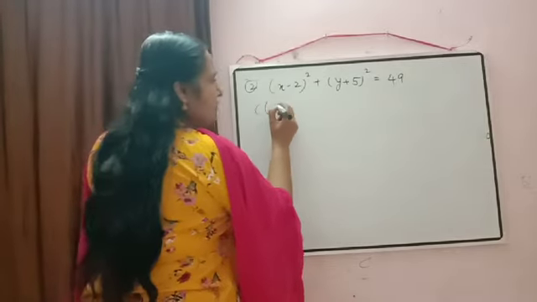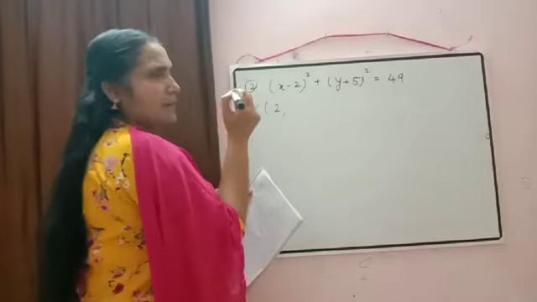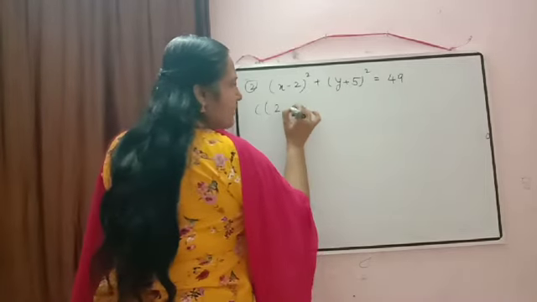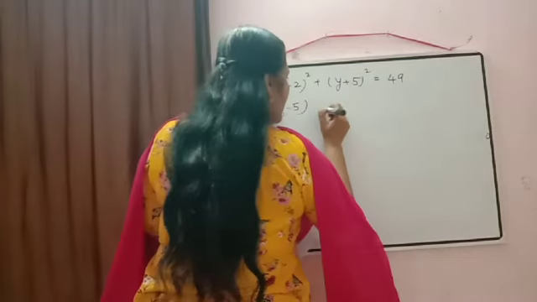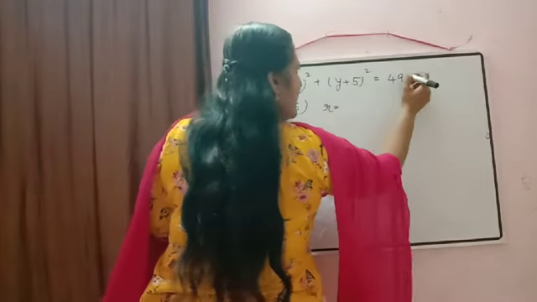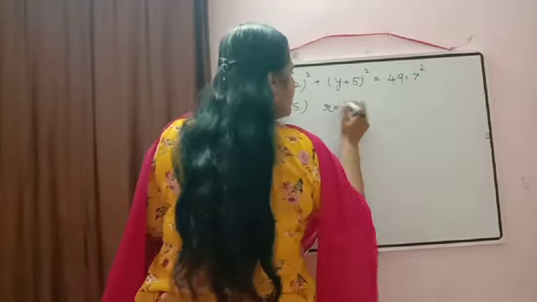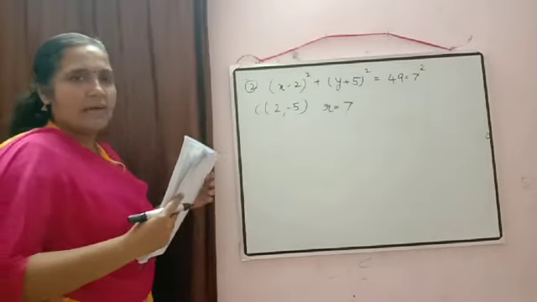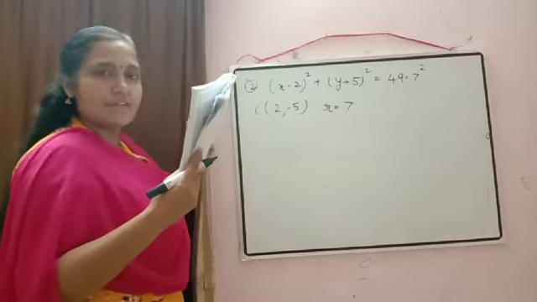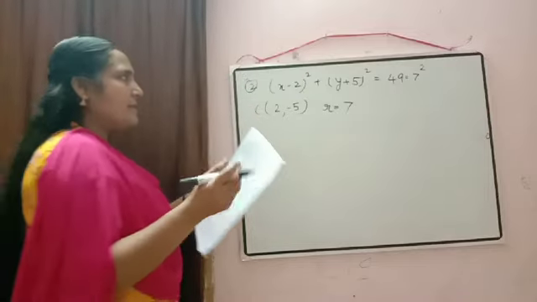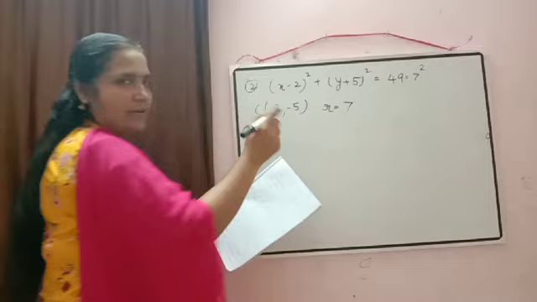If here it is minus 2, our center will be plus 2. If here it is plus 5, we will have minus 5. So center 2 comma minus 5 and radius, 49 is 7 square. So radius is equal to 7. So just check, if it is written in this way, directly we can use the first formula. Otherwise, better you go for the second formula.